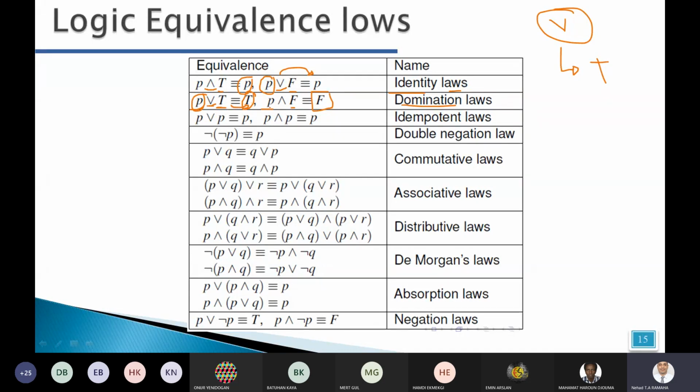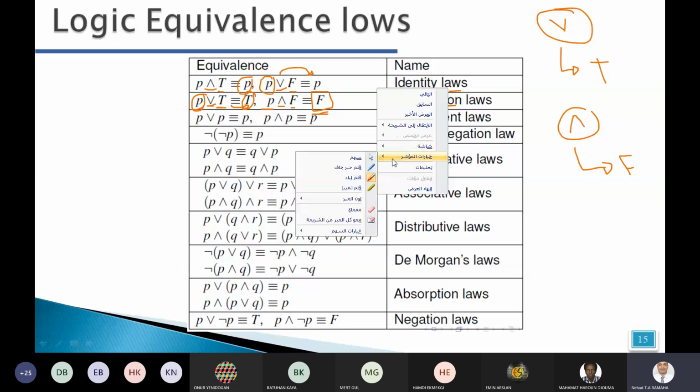It's logically equivalent to true. If we have P and false, P doesn't matter. The result will be false because for the AND operator, if any side is false, the result will be false. So it comes from this idea.